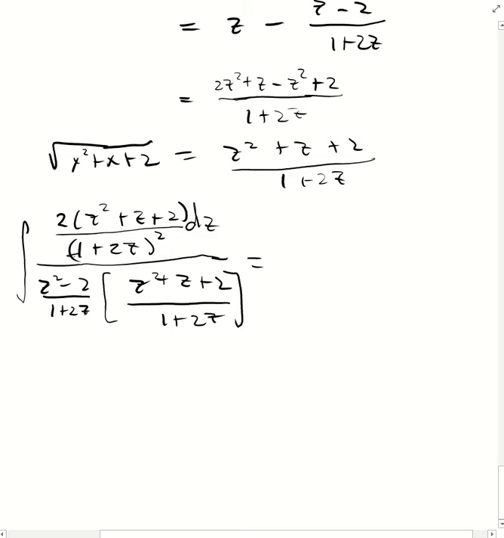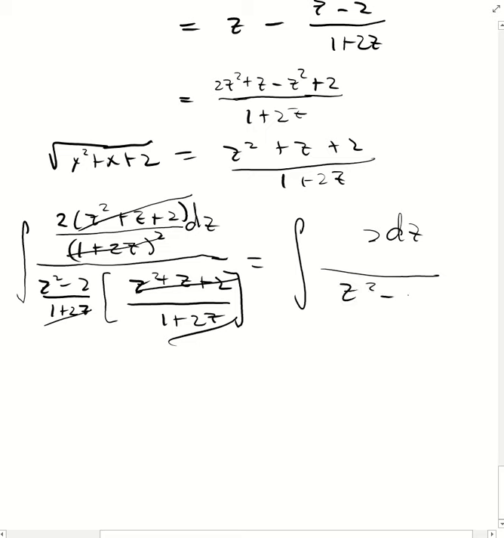Then we can also cancel out z squared plus z plus 2 and z squared plus z plus 2 at the denominator. So the remaining will be 2 dz all over z squared minus 2.